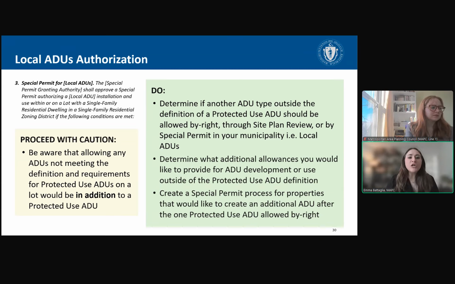So first, determine if it makes sense to allow for another ADU type besides a protected use ADU, and then figure out if it makes sense to allow that by right, through site plan review, or by special permit. You should determine what additional allowances you would want to provide for the ADU development or use outside of the protected use definition.